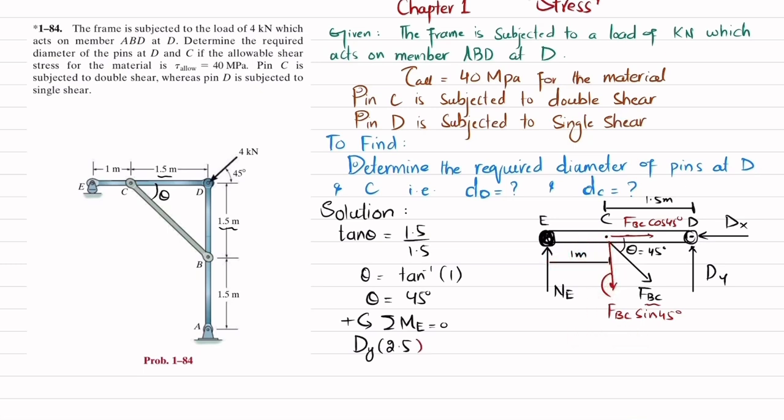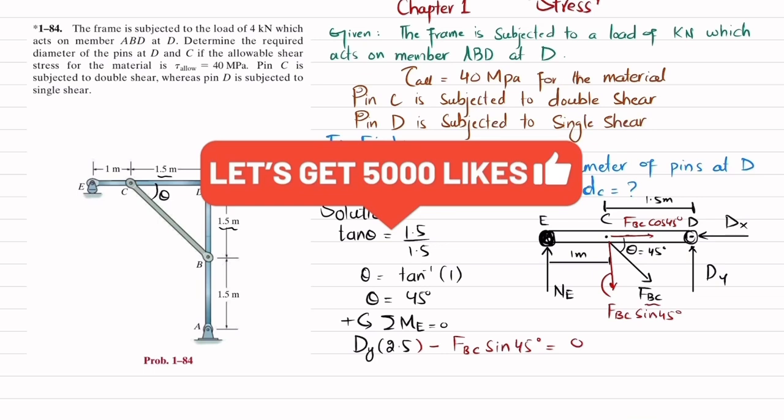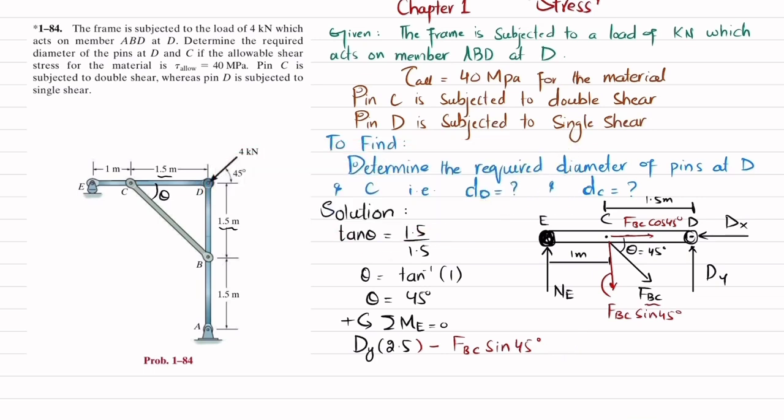So I will write minus FBC sine of 45 degrees multiplied by 1 is equal to 0. So from here you will get 2.5 times Dy minus sine of 45, which is 0.707, times FBC is equal to 0, and this is equation number 1.